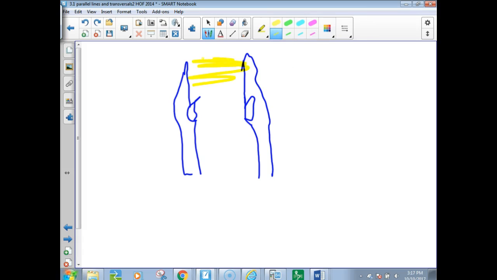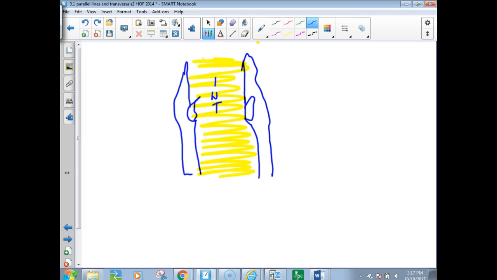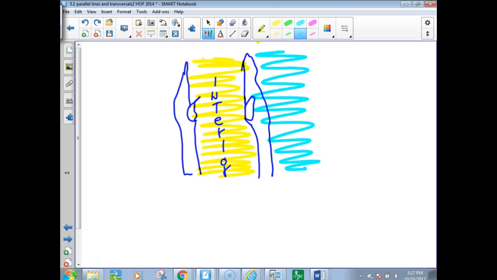This part, all I want you to do here is remind yourself that's your interior between the hands. This is the interior. And then, of course, the exterior would be outside the hands. The hands are representing lines.